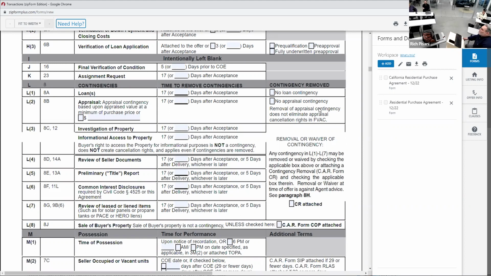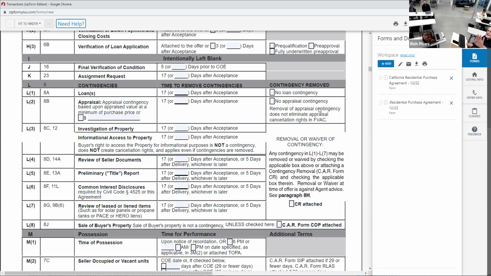So a lot of times agents were writing phrases that if it doesn't appraise, but if it appraises for this amount, or it appraises for $10,000 less, then the buyer will move forward. So in order to keep your appraisal contingency, but have a safeguard there, they built it into the contract.